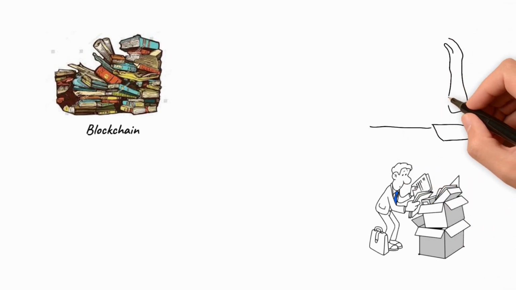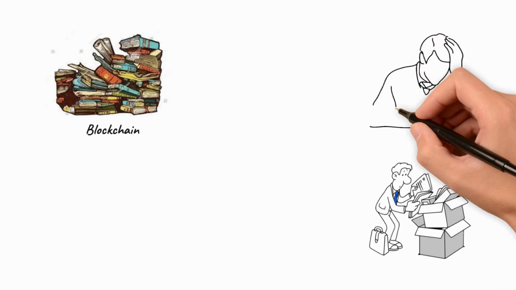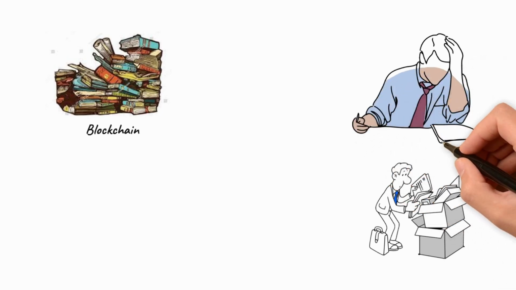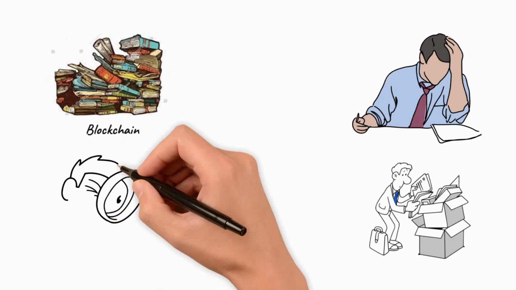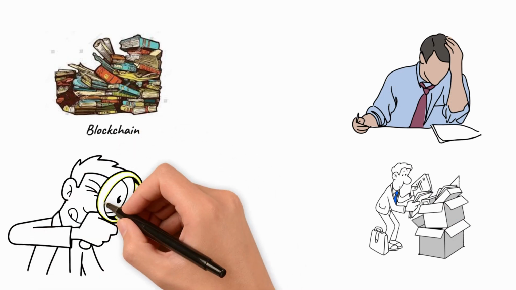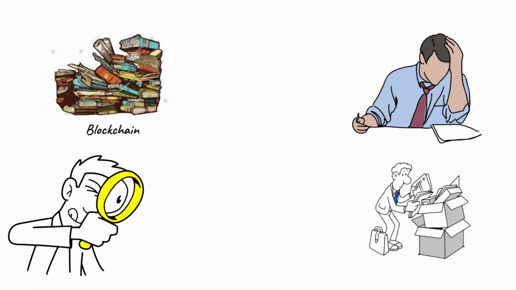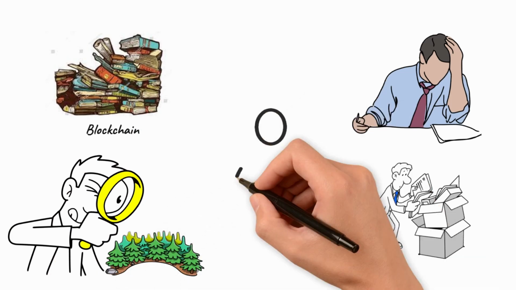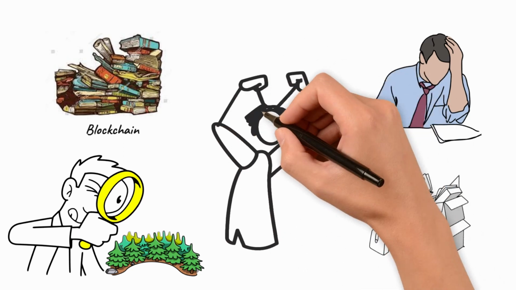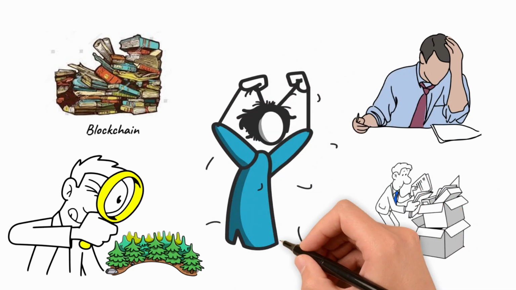Now, let's say you want to know something specific about a particular book, like finding a certain sentence from that book. If you try to do this directly from the book or blockchain, it's like trying to find a needle in a haystack. It's slow, difficult, and sometimes impossible.